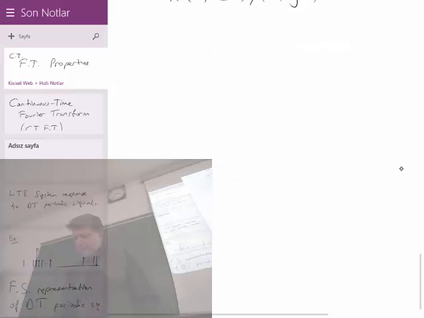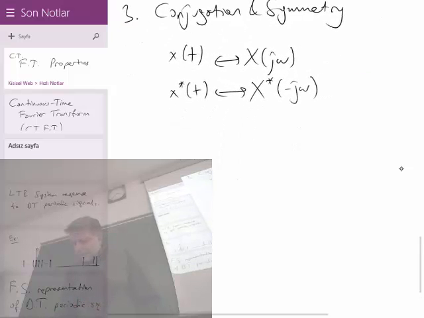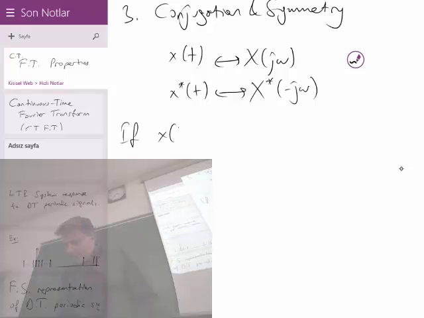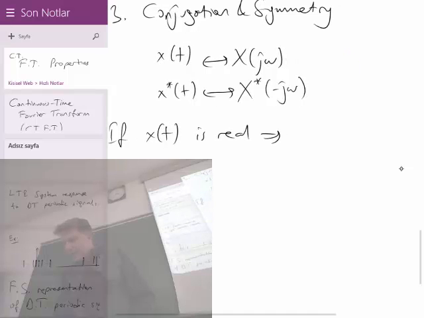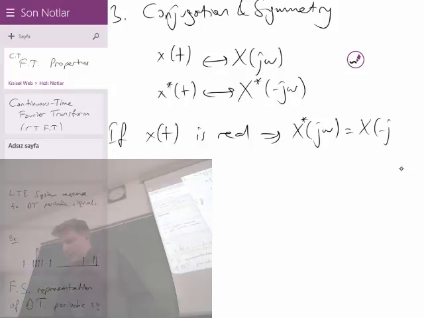Or you can write it like this. If x of t is real, then x conjugate of j omega will be equal to x of minus j omega. What did I do here?